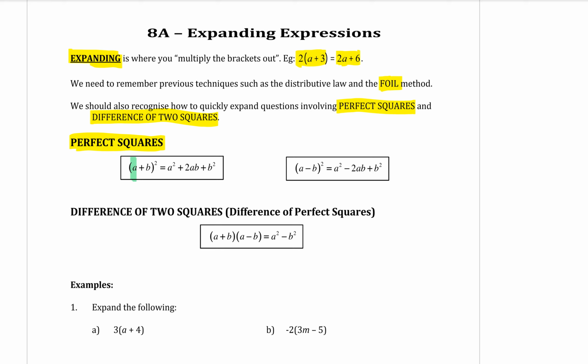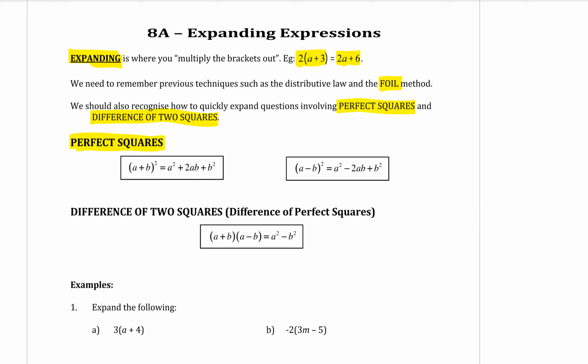A times a gives us a squared. Then for the second term, we multiply the a with the b and the little power of 2, so a times b times 2 makes 2ab. And for the third term of the expansion, you multiply the b by itself. B times b makes b squared.